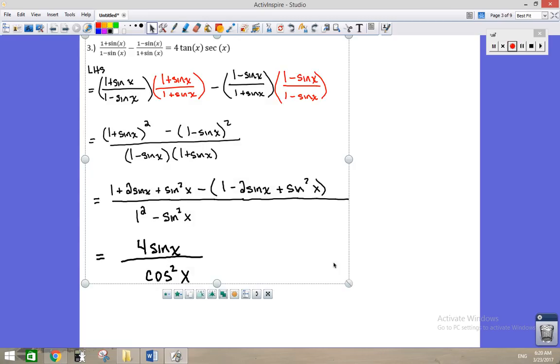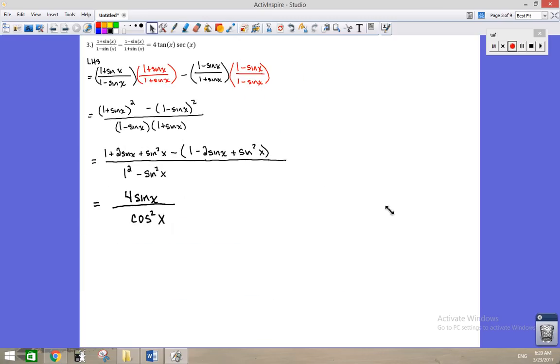So, keep in mind what you're shooting for. Here's this 4. Well, I'm glad I have a 4 here, and I have a product, and I have sines and cosines. And if you look at the quotient identity, tangent of x is the same as sine over cosine.